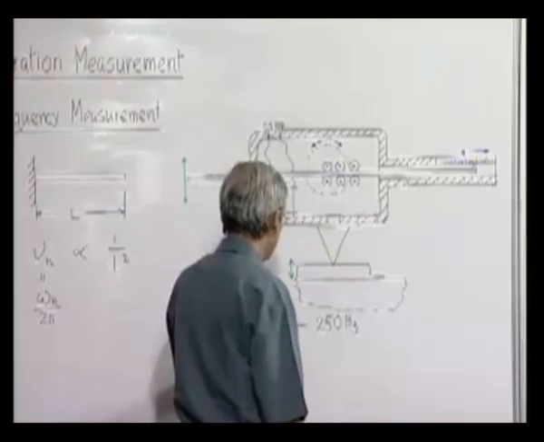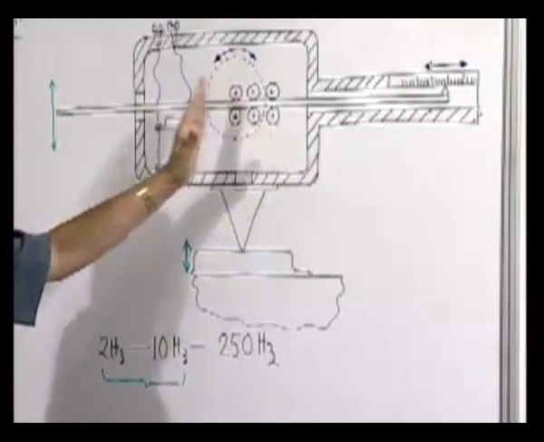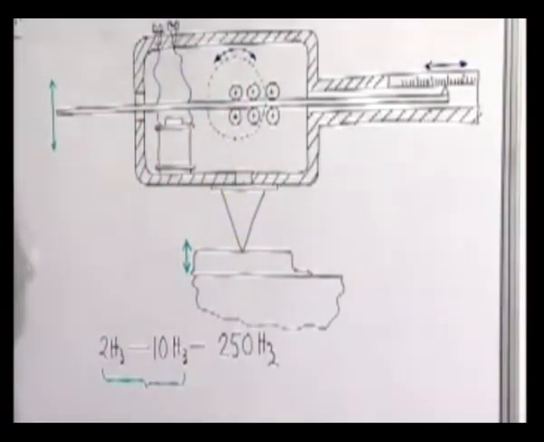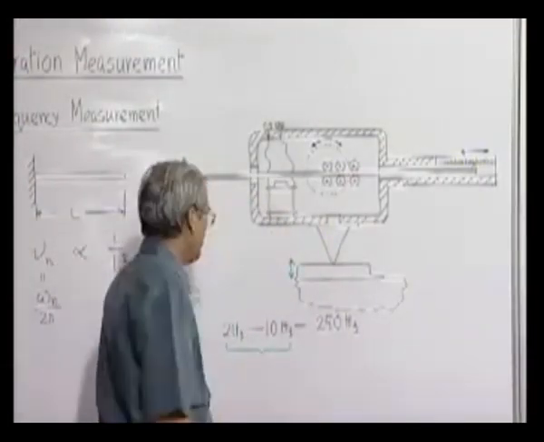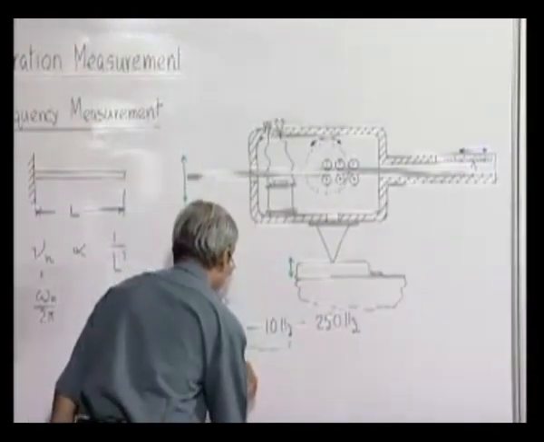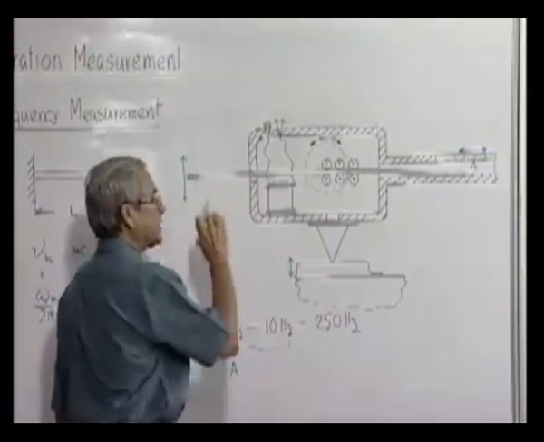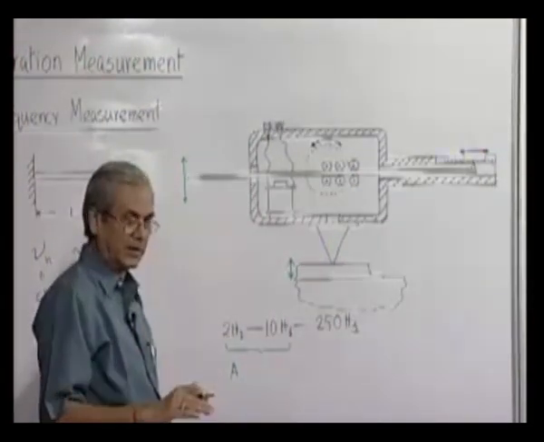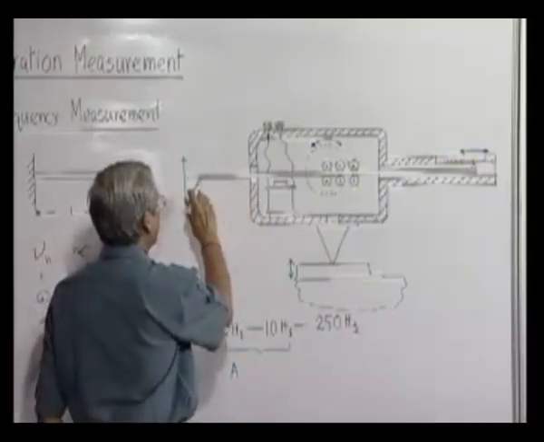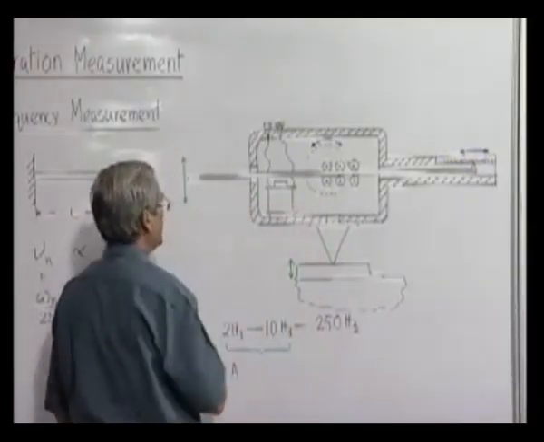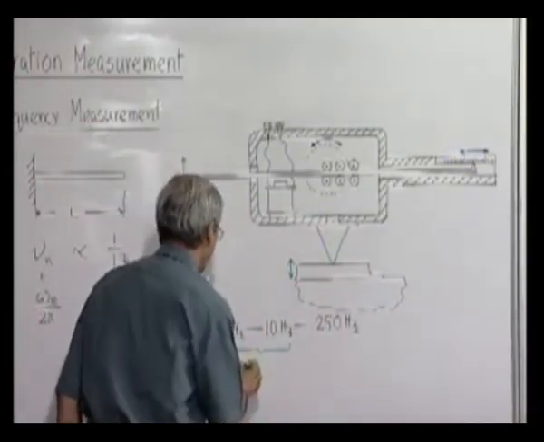So what is done is this range is taken care of by this sliding, and then the natural frequency of the whole beam is reduced by attaching a separate mass at the end. We know that if we attach a mass here, immediately the natural frequency will be less. So that brings, again, if we change the length, a different scale.